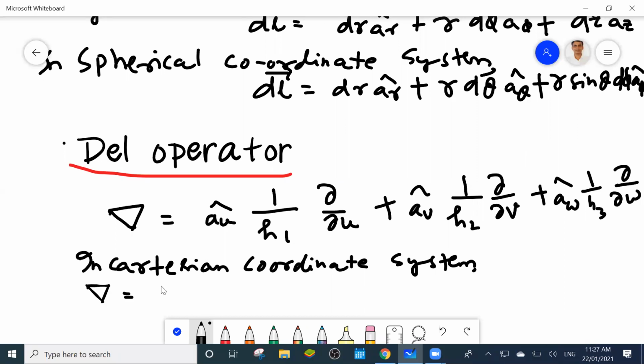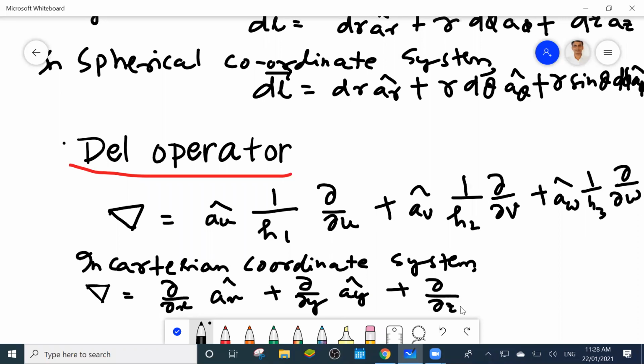I can write 1 by h1, h1 value is 1. So directly in place of u, I can write del by del x, ax cap, plus del by del y, ay cap, because v equals y and h2 equals 1, plus del by del z, az cap.